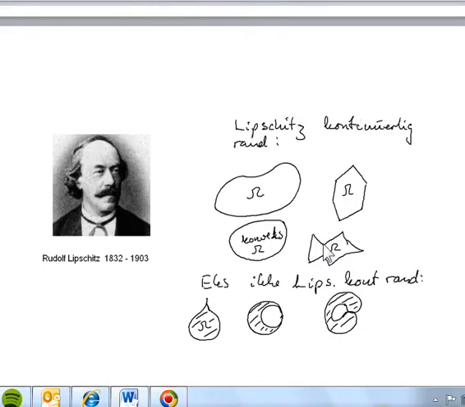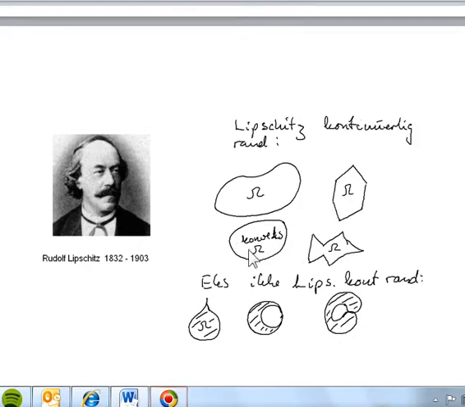What we can say is that if we have some sharp edges in the boundary, then these sharp edges have some angle; the angle is not zero. So any kind of polygonal surface is Lipschitz continuous.